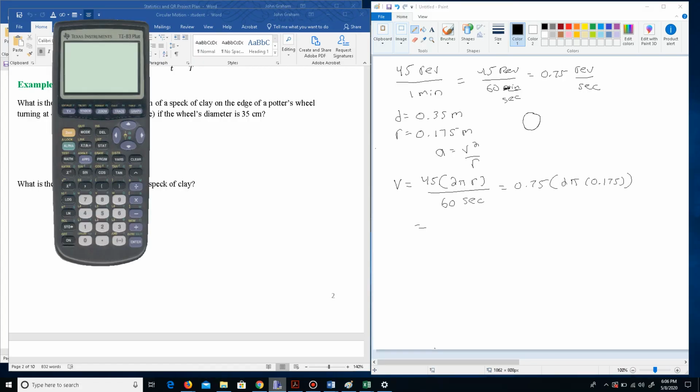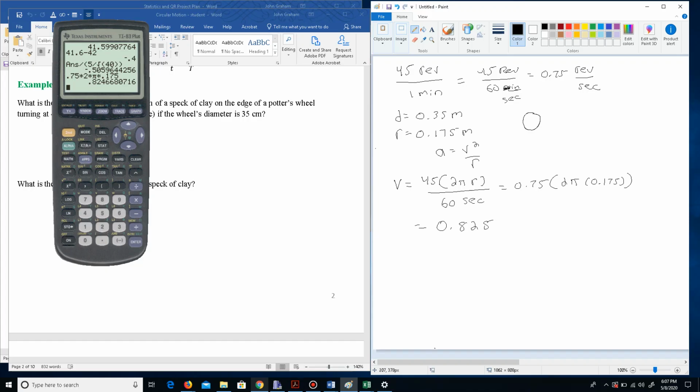So then pull up the calculator. You get 0.825, and the radius is in meters.